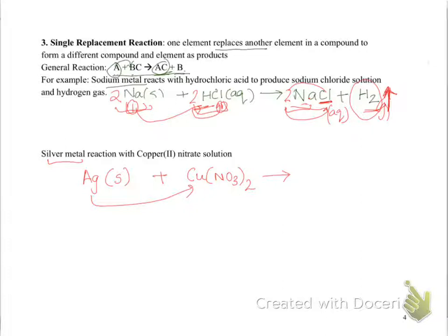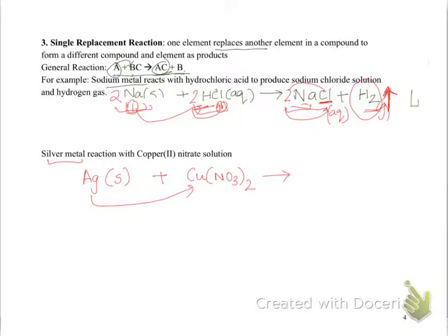For single replacement reactions, this is the reactivity series that you need to know. You do not have to memorize it. If you need it in the test, it will be provided.